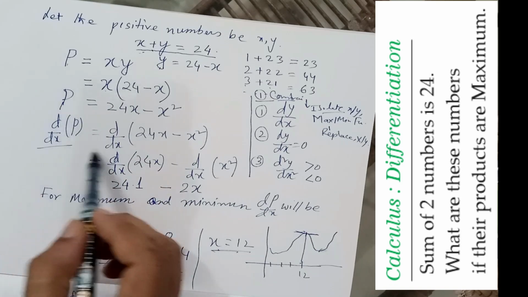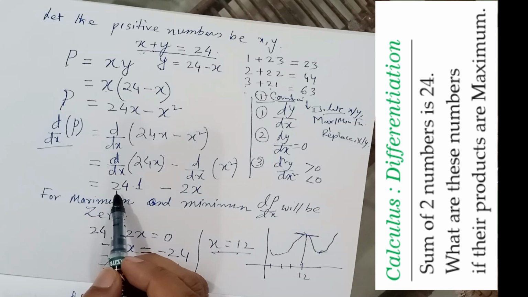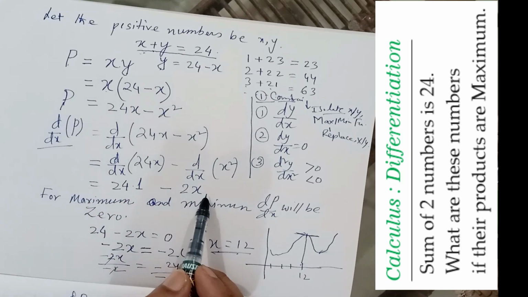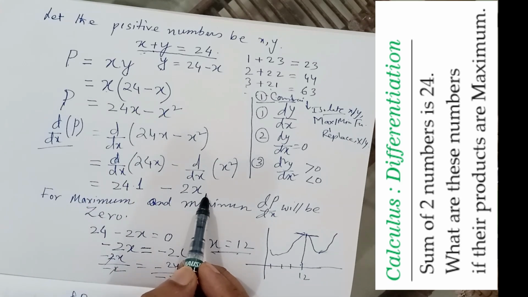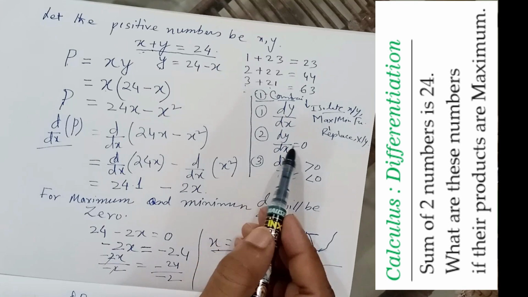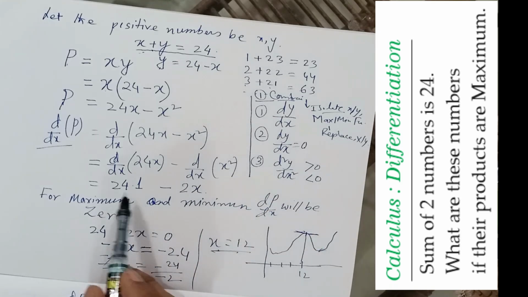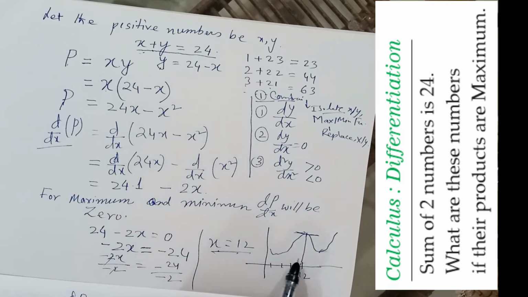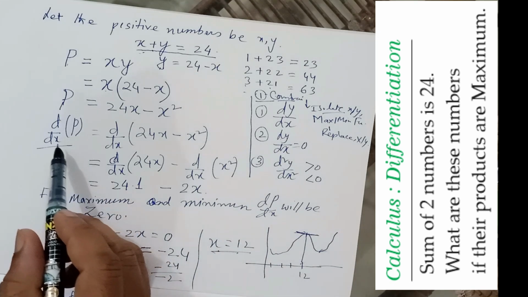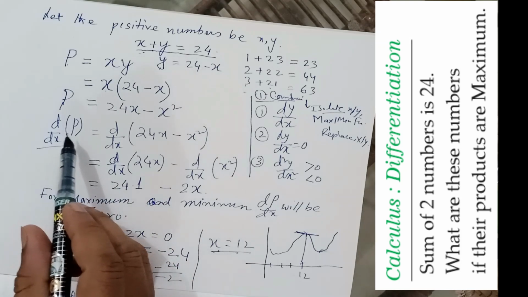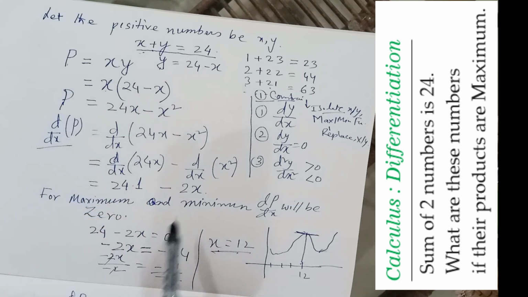So you come to this equation. Now our next step is to make dy dx equal to 0, because as we have explained, for ups and downs, those are the places where dy dx becomes 0. So we made dP by dx equal to 0 here, and we got x value equal to 12.